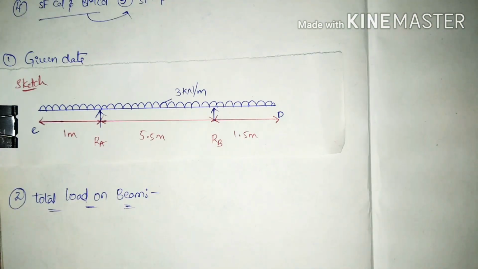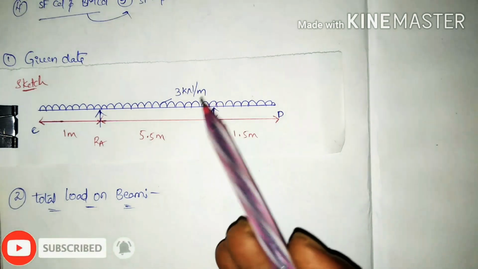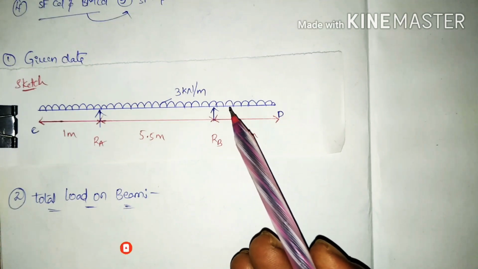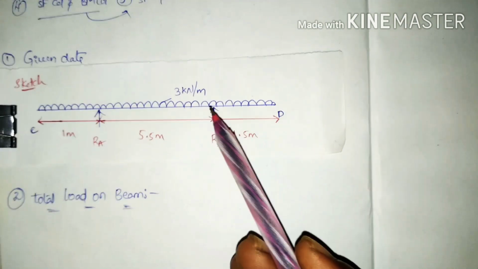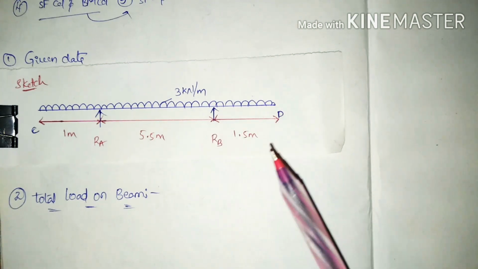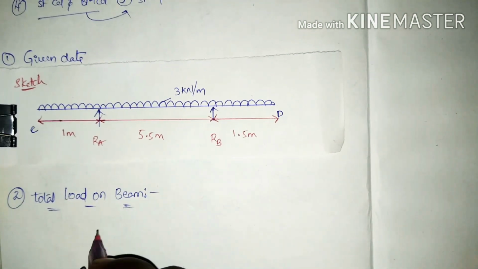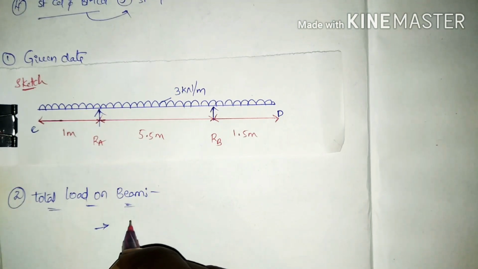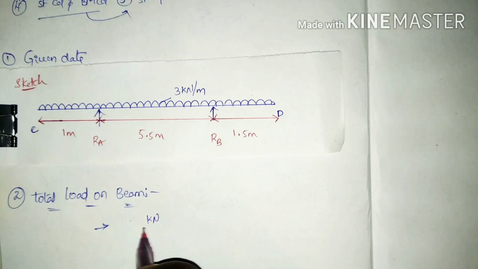For the second step, we have the UDL over the entire span with a magnitude of 3 kN per meter, so we have to convert the UDL to a point load to get the total load in kilonewtons. In other words, we convert the units from kilonewton per meter to kilonewton. We have 3 kN per meter for the UDL.